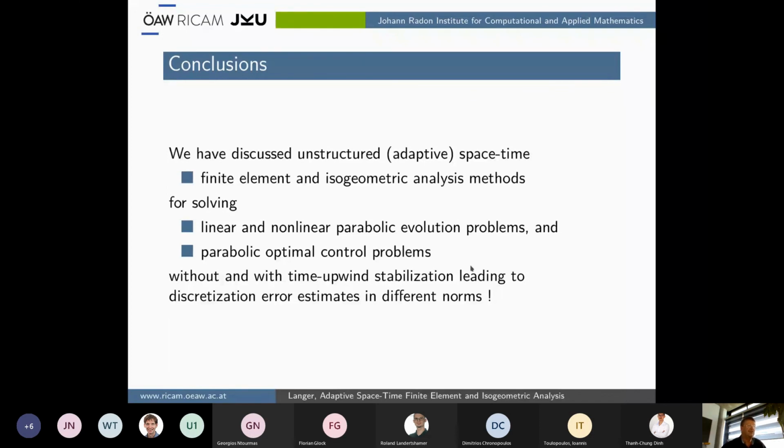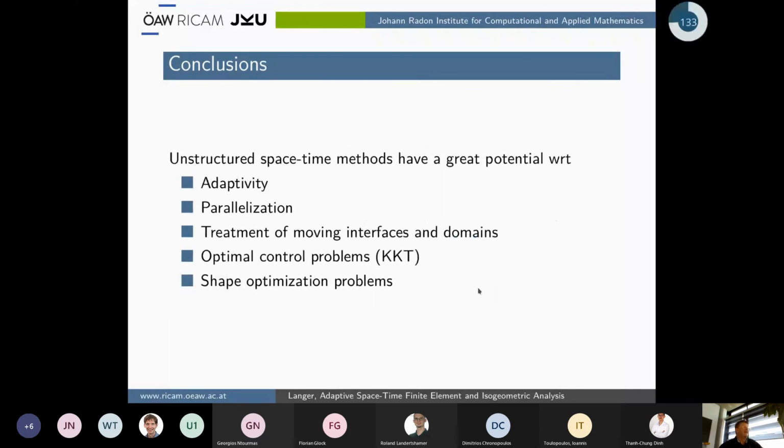With stabilization, we have stronger norms. This is the point. Unstructured space-time methods have great potential with respect to adaptivity and space-time parallelization simultaneously. You can easily treat moving interfaces and domains because in the space-time cylinder they are fixed.